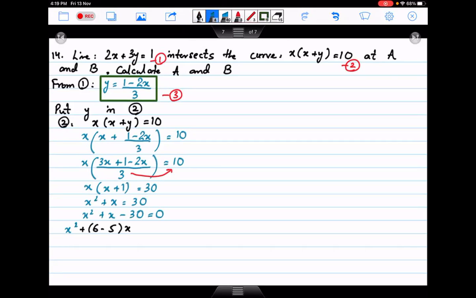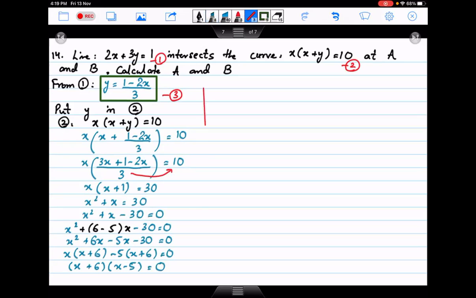So I am using the middle term break process. So it should become x square plus 6x minus 5x minus 30 equals to 0. Now taking x common from the first two and taking minus 5 common from the next two. So now you can see x plus 6 is common again, and the remaining values are x minus 5.